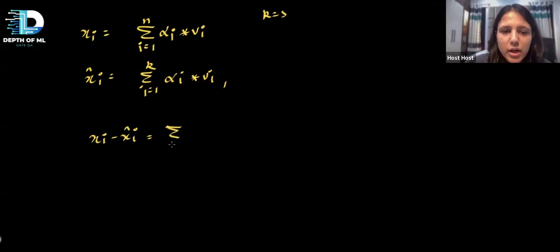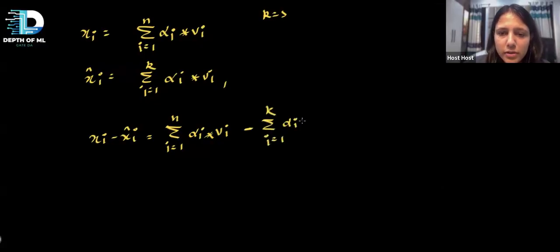This is the summation from i equals 1 to n of alpha i into Vi, minus the summation from i equals 1 to k of alpha i Vi. Can you see that these are all the vectors from 1 to n, but these are just the vectors from 1 to k? So what will be the remaining term? There'll be some remaining term, right?